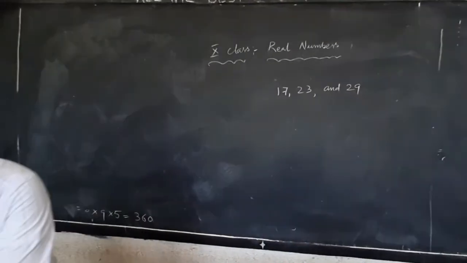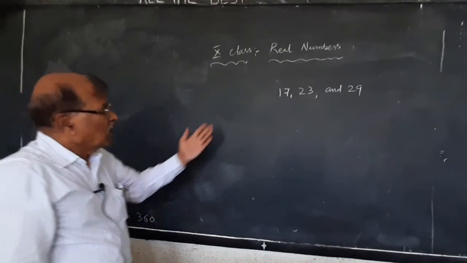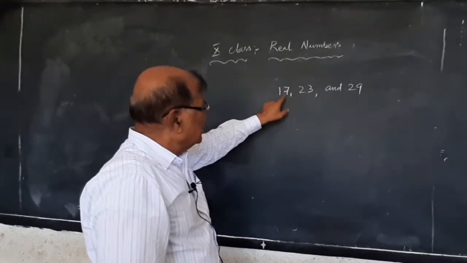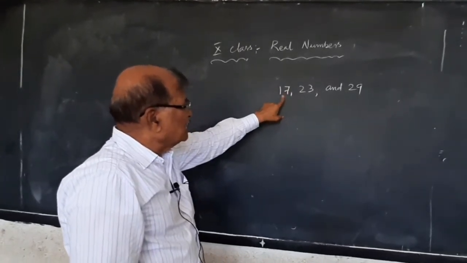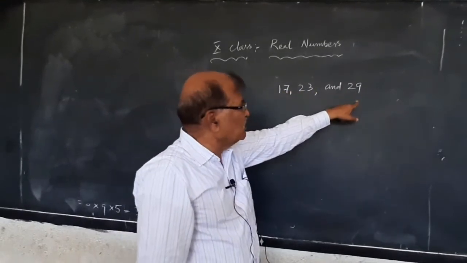So how do you find the HCF? 17 is a prime number, 23 is also a prime number, and 29 is also a prime number.